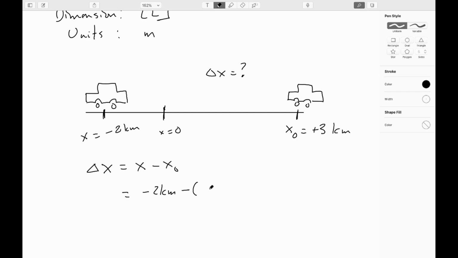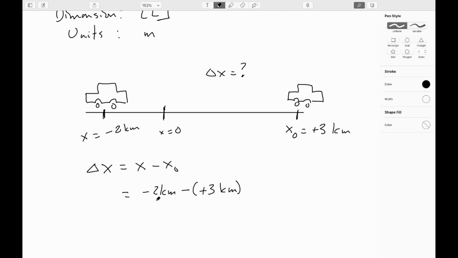My initial position is +3 kilometers. So first off, when you are adding or subtracting two numbers, you have to make sure that the units are compatible. They have to be exactly the same units, including matching prefixes.